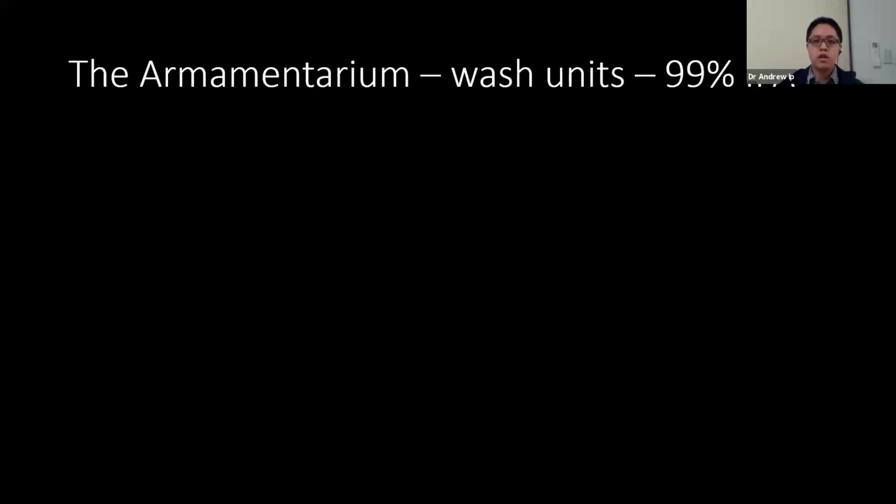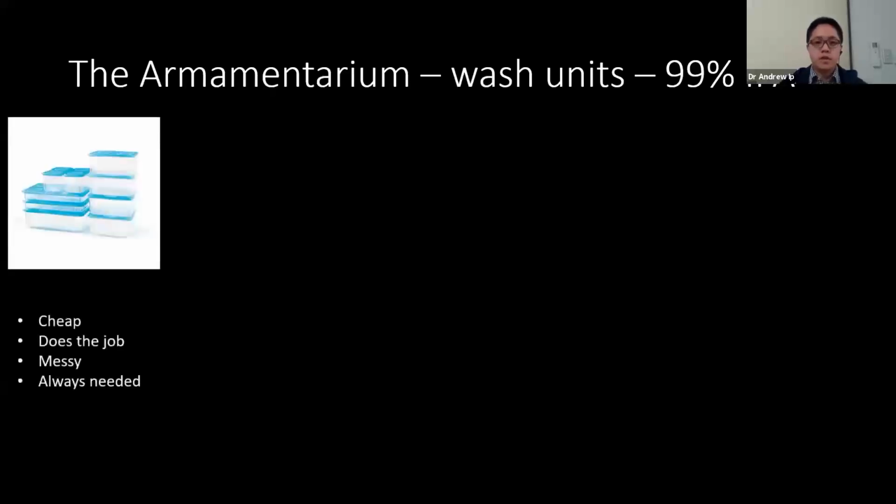The next part: when you print something, you're going to need to wash it in certain fluids. The most common, and what I would recommend, is 99% IPA, which is isopropyl alcohol. There are all different ways you can clean your prints. Your most basic option is Tupperware, and you can get a magnetic stirrer from Amazon or eBay.